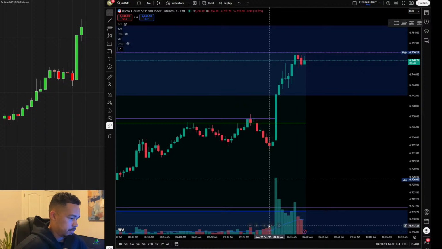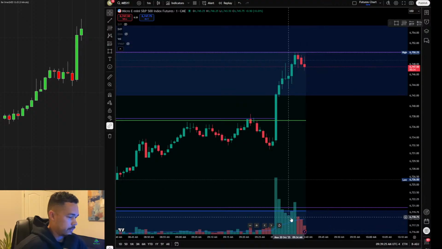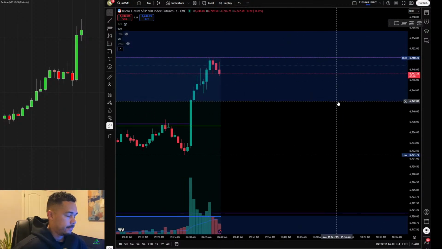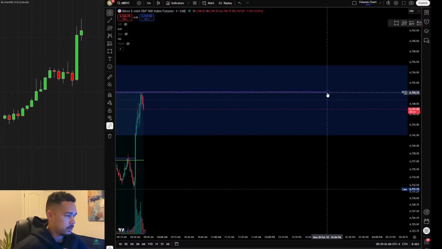This is where volume starts to, or at least the 20 SMA starts to level out, going into 9:40 to 9:45. So definitely want to see what we end up doing.